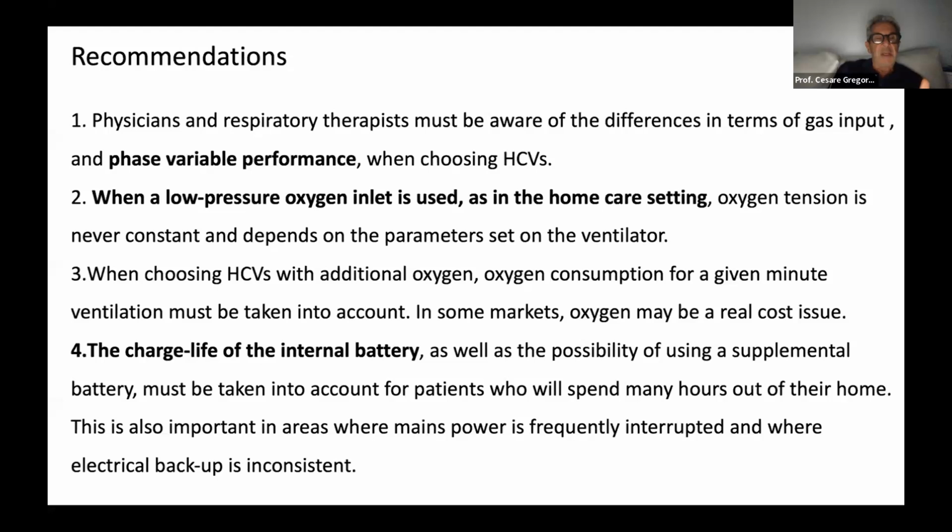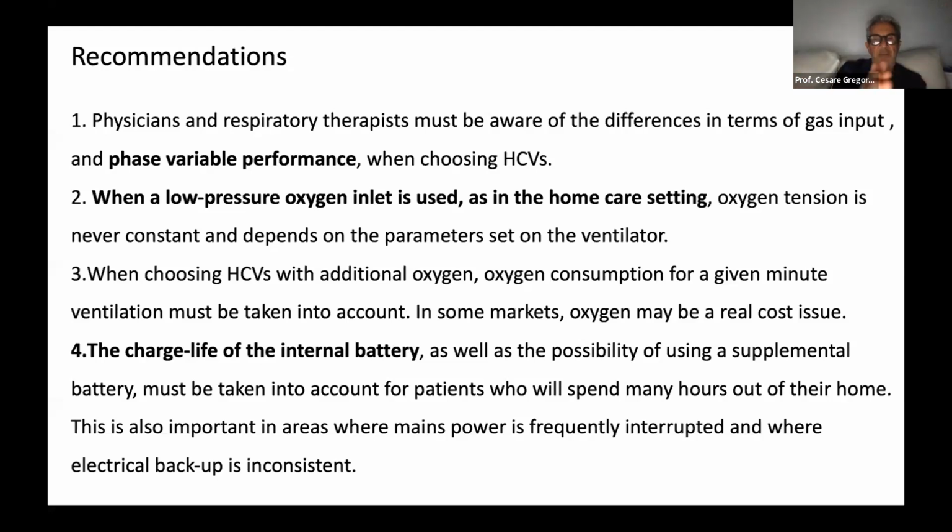So another important issue: if a low pressure oxygen inlet is used, as in the home care setting, oxygen tension is never constant, and depends on the parameters set on the ventilator. For example, at a given time you can read 30%, then the minute ventilation changes and oxygenation changes as well.